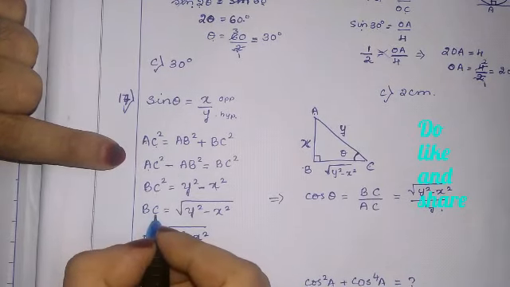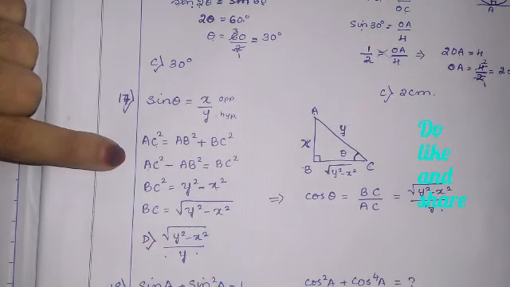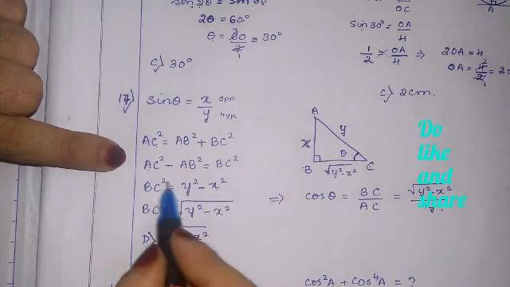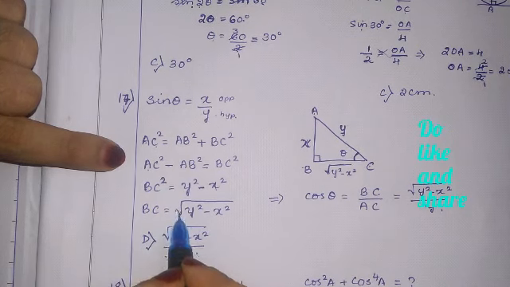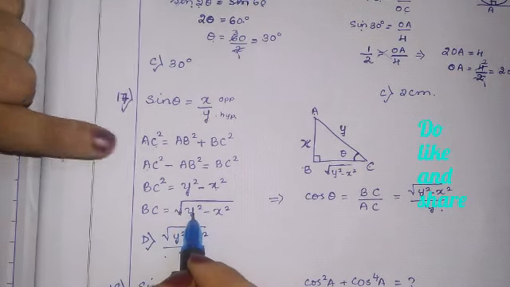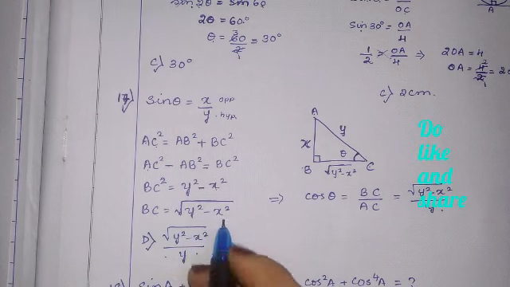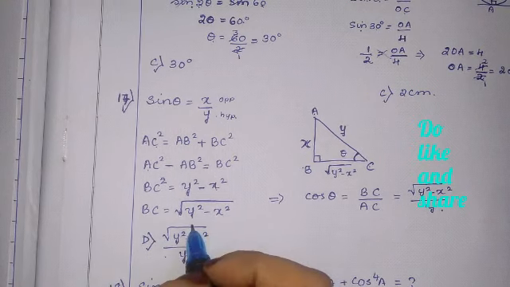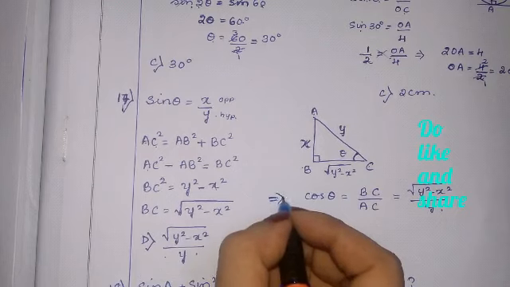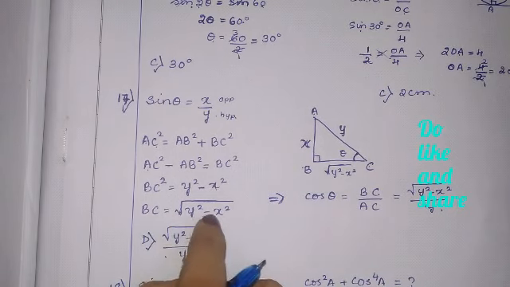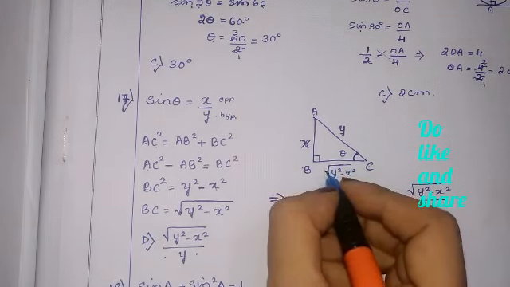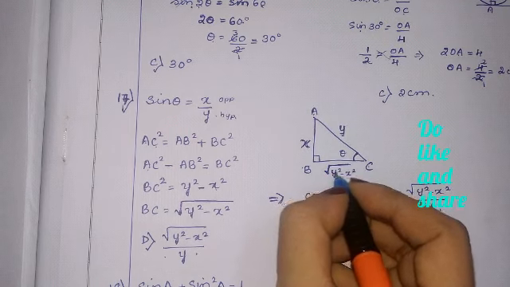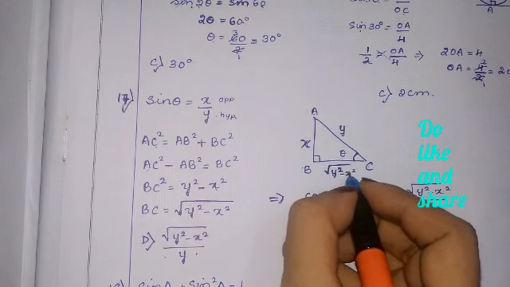So BC is equal to, the square becomes root. If I remove the square, this side it becomes root. BC is equal to root of y square minus x square.